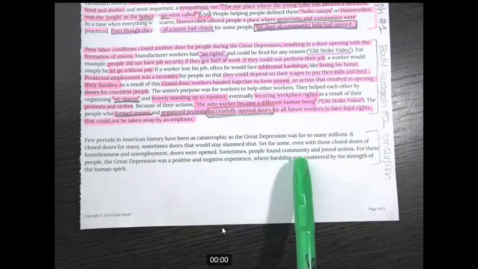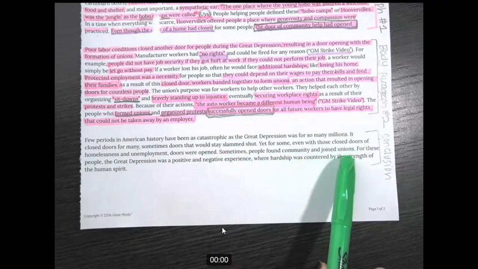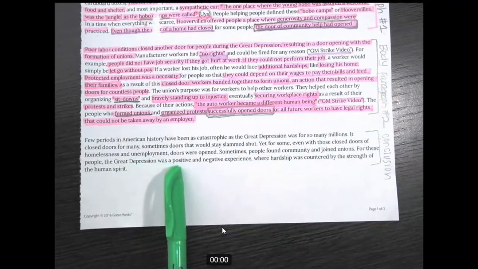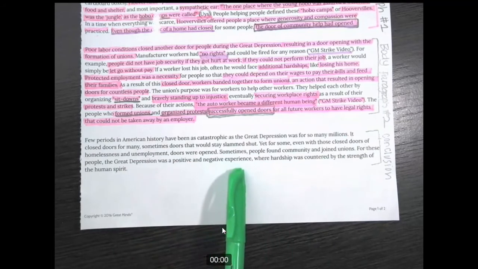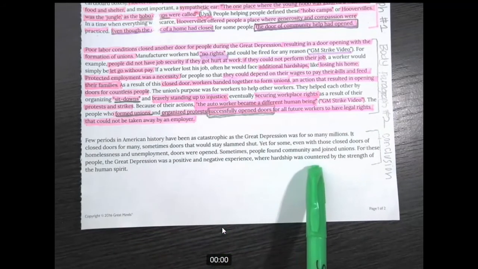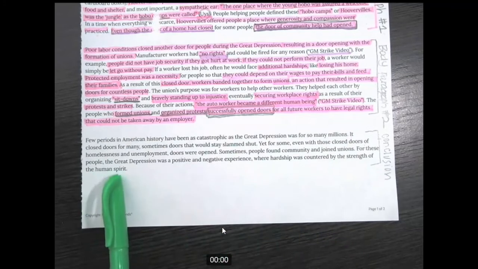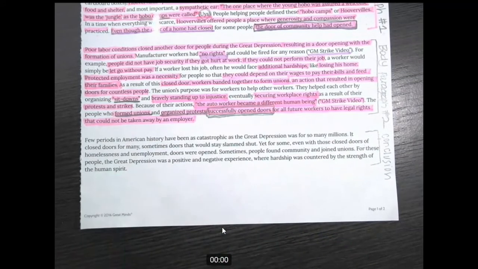Sometimes people found community and joined unions. For these people, the Great Depression was a positive and negative experience, where hardship was countered by the strength of the human spirit. So a few things I want to go ahead and just point out in this paragraph.